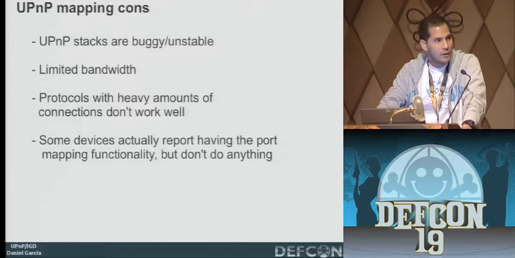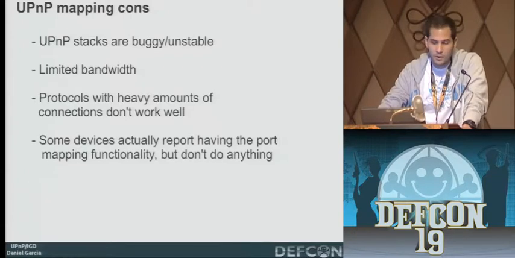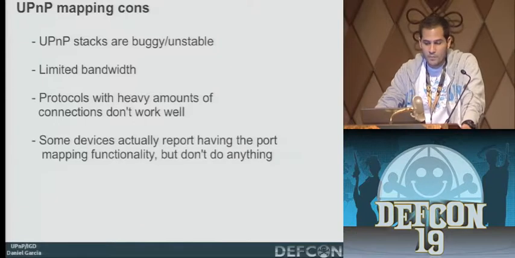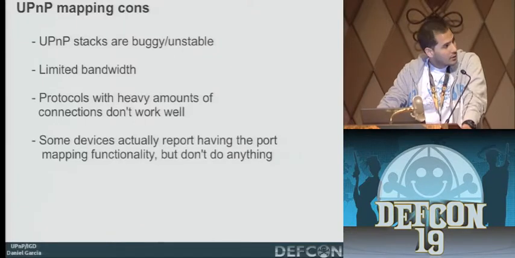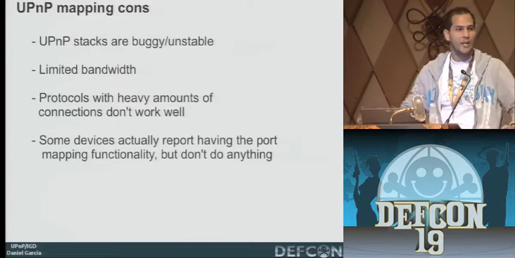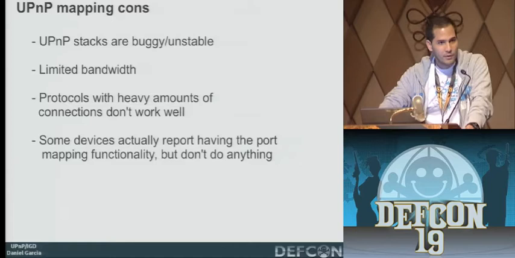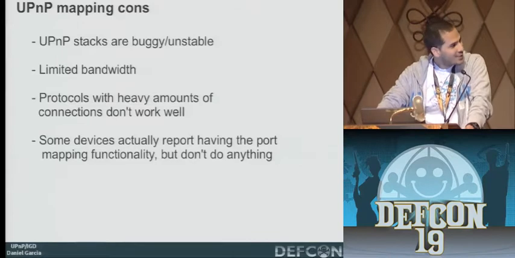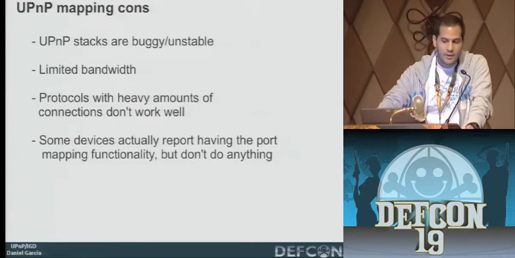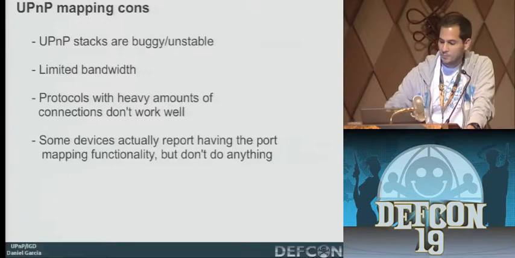I mean, if we have only a limit of 150 or 200 mappings at a time, it's just not going to work. And the other thing is that some devices, even though they report that they open the port, they don't. They say everything's okay, 200 OK, and everything in the reply. But when you go and try to connect to the port, you have nothing. So that's obviously not very good.